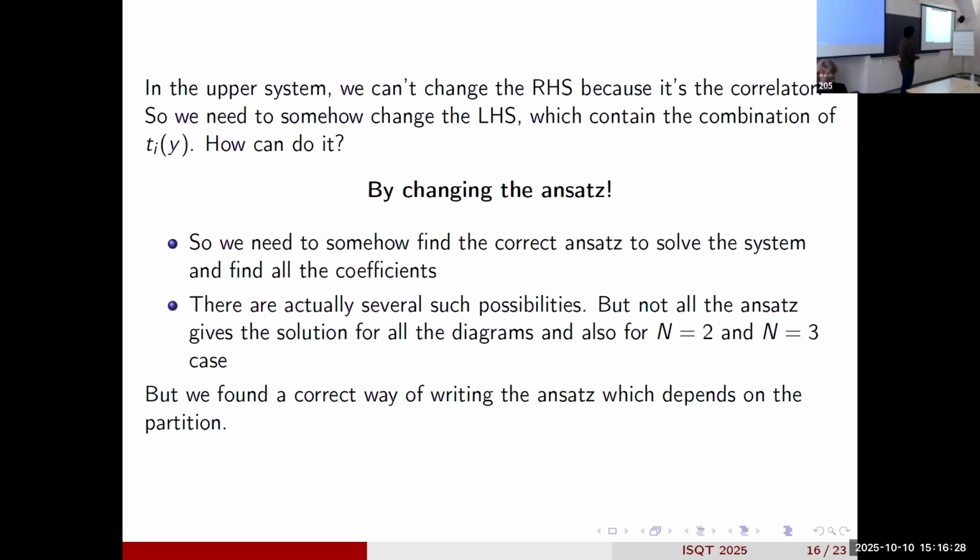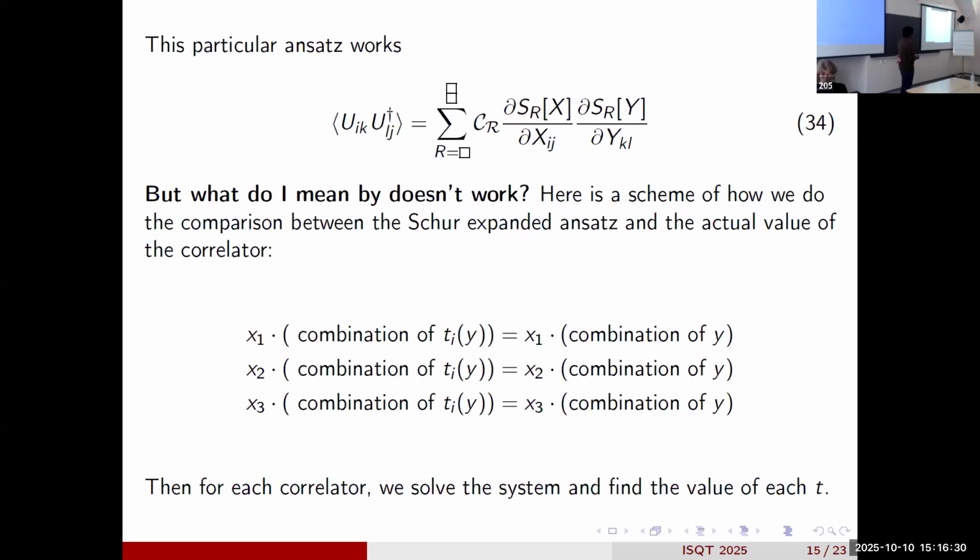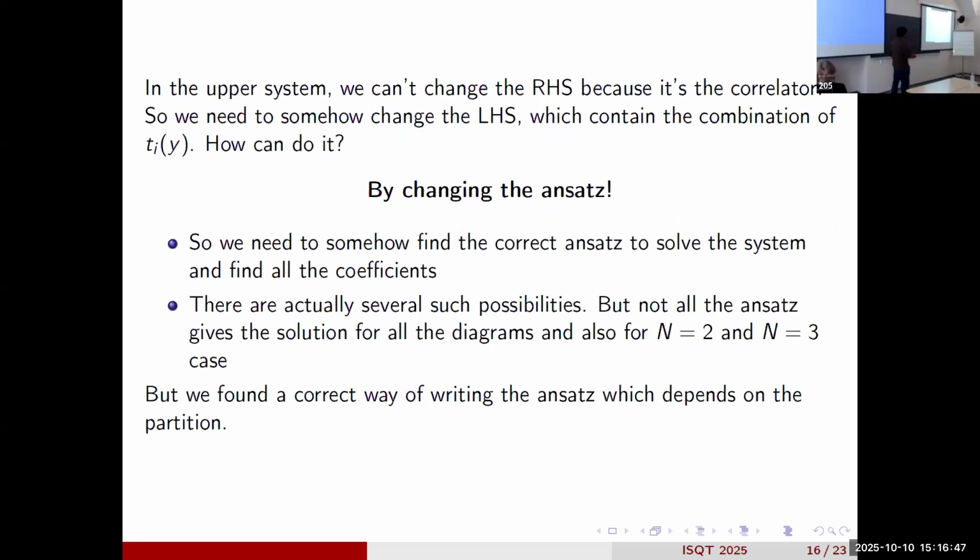So that's why we thought that we can change this particular ansatz and think of something different, so that the combination of TY would be different on the left-hand side. And then we could solve the system and get the value of this coefficient TI over here.